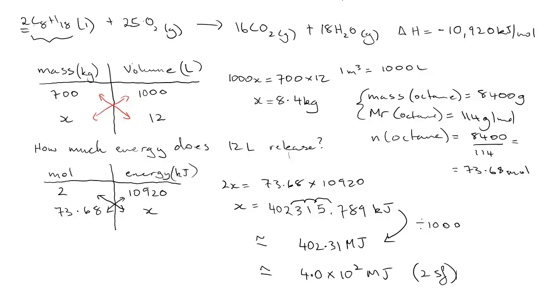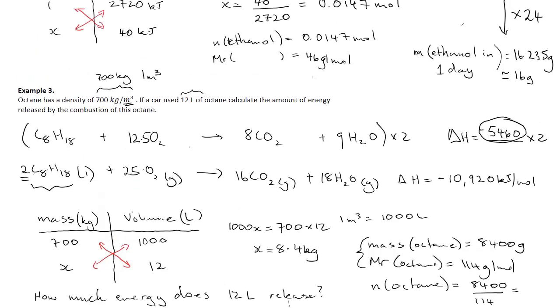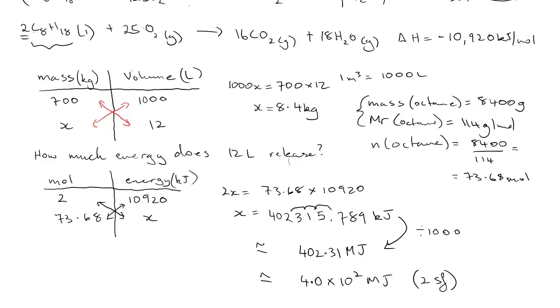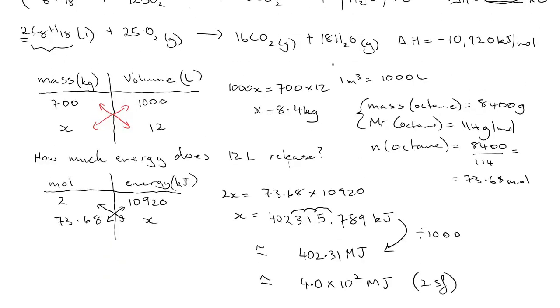So I did mention that we could do this in a slightly different way. First of all, where we had our thermochemical equation written out, we didn't even need it.